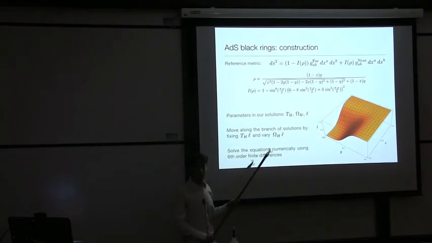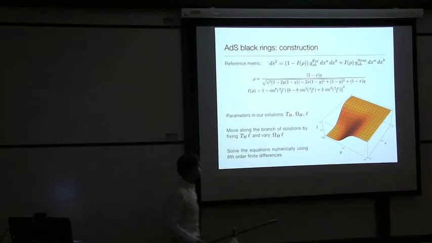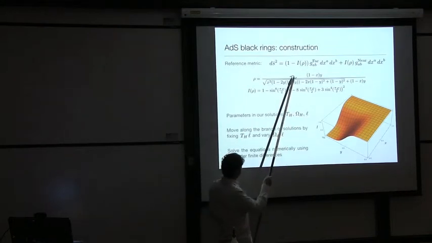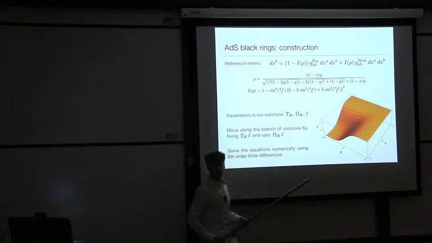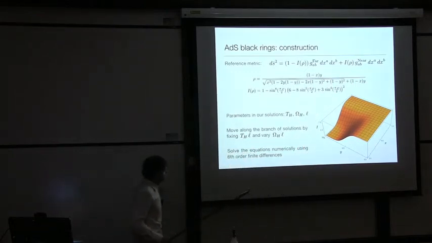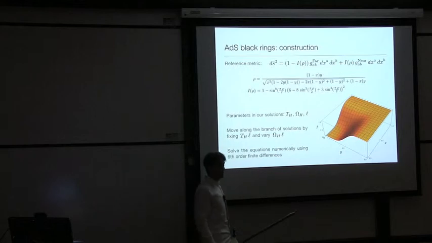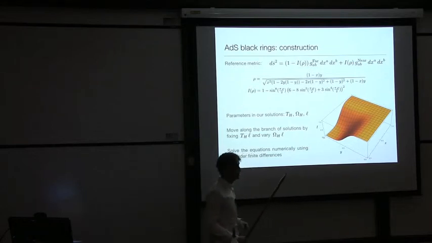Because the metric is a tensor, we can just add two tensors together, and we multiply each of these metrics by some interpolating function. That's an easy way to construct a reference metric on this manifold. It's certainly not the only one, and probably there are much cleverer and better ways of doing it. But that's what we used.